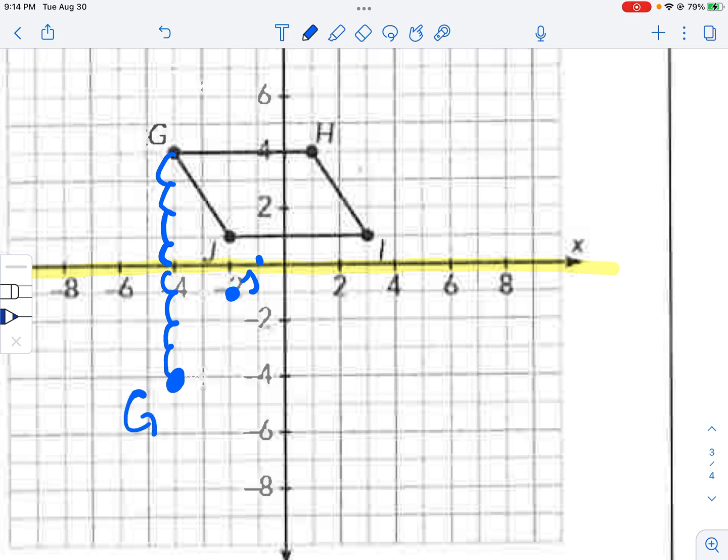And this is G prime. Okay? This is 1 away, 1 away. Okay, and last but not least, 1, 2, 3, 4 away, 1, 2, 3, 4 away. And this is H prime. Oops, so that's I prime.